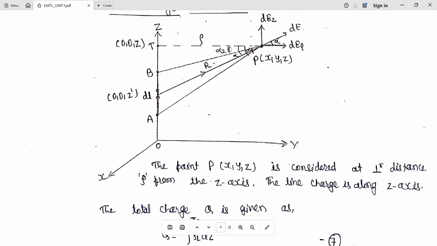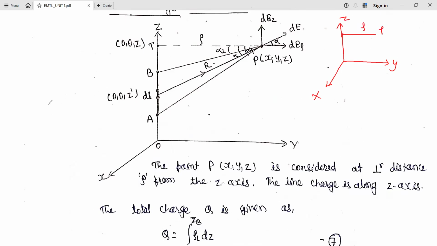So if you try to project this rho here, thinking in that three-dimensional view, how is this rho going to come? Just have a look here. So this one is X, Y, and this is the Z. Now at point P, that distance is rho.